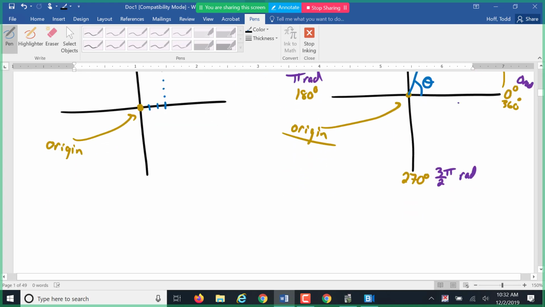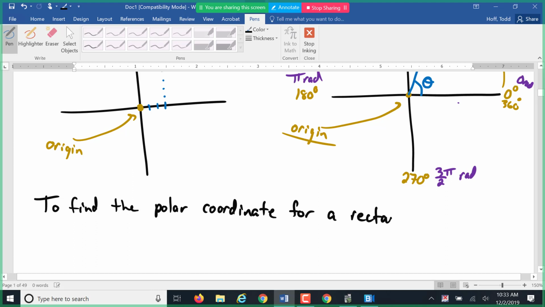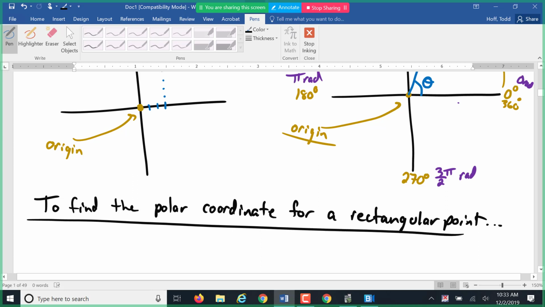So to find the polar coordinate for a rectangular point, let's say we've got that point from up above, 3, 7.